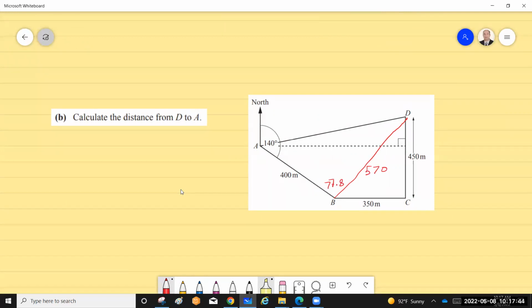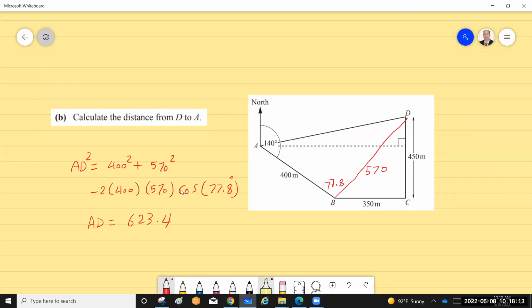You can find AD now by using the cosine rule: 400 squared plus 570 squared, minus 2 times 400 times 570 times cosine of the included angle, 77.8 degrees. By finding the square root of the result, you get AD is 623.4. This is the length.